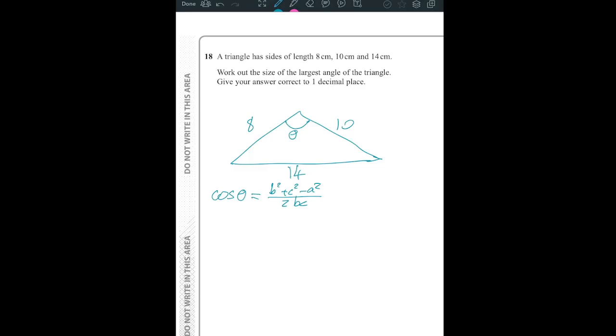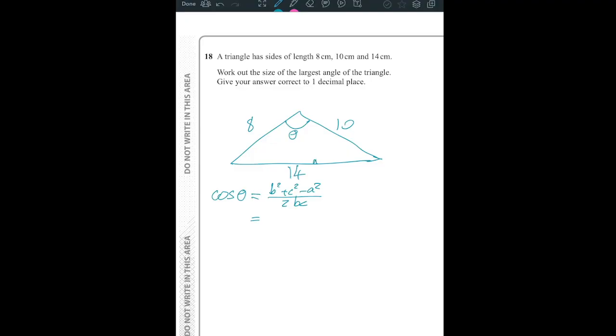You can either memorize that form of rearrangement, or rearrange it yourself, or sub the numbers into the normal version given at the front of the book and then rearrange it afterwards. All of which have their own difficulties. If you've got the space to memorize something, I think this way is the most consistent. So that's going to be 8 squared plus 10 squared minus 14 squared.